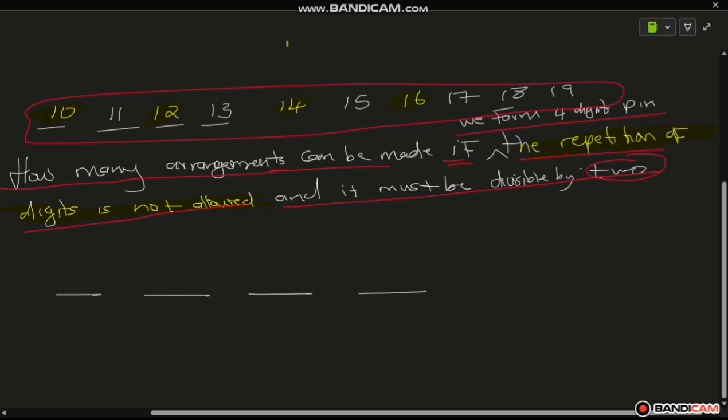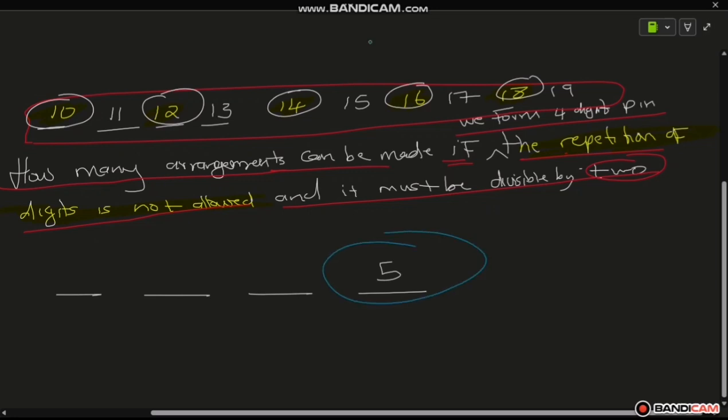We have 16 and we have 18. How many of them do we have? We have 1, 2, 3, 4 and 5. We have 5 digits, so I'm going to write 5 here because it must end with what? With an even number, so that the arrangement will be divisible by 2. I hope it makes sense. This is very, very important.